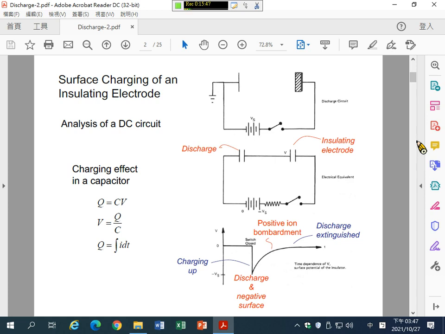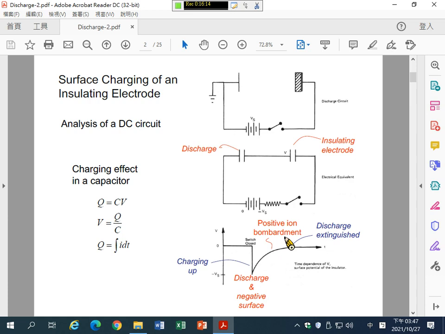Okay, so the Q here will become smaller and smaller. And since Q becomes smaller and smaller, the charge up voltage becomes smaller and smaller. So in this region, the voltage goes from the maximum, minus Vs, and then gradually decreases.